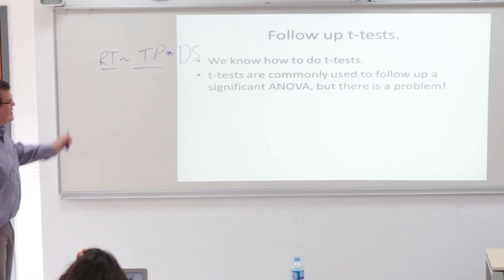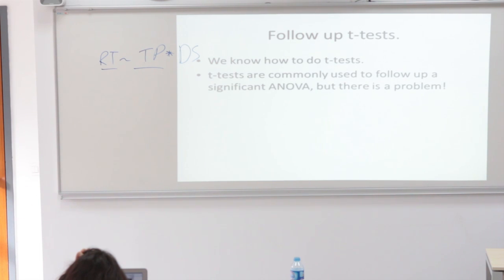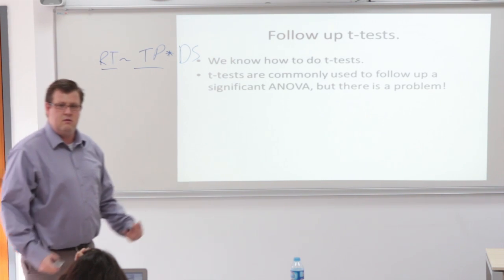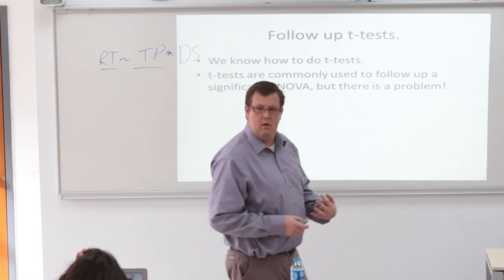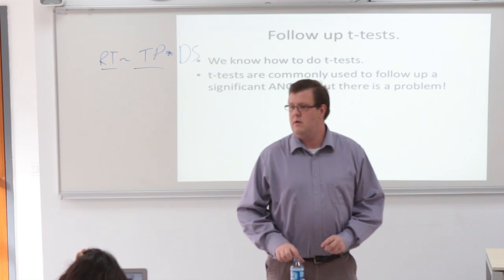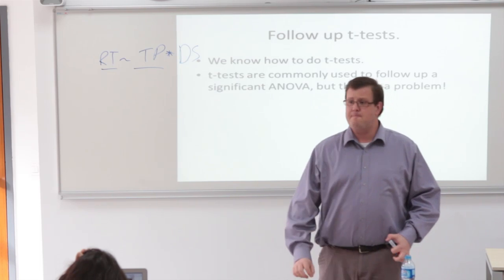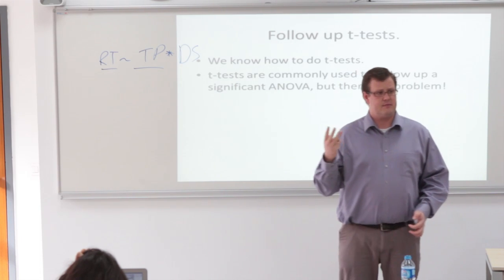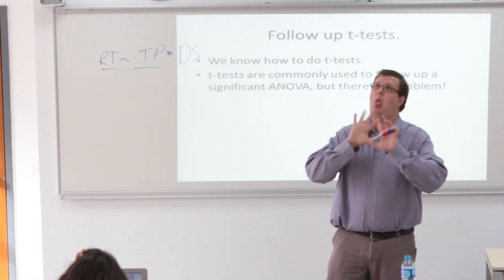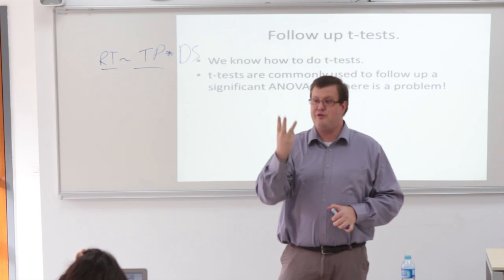Now t-tests are commonly used as a follow-up for a significant ANOVA, but there's a problem. Can anyone tell me what the problem is? Let's say we had a factor with three levels.